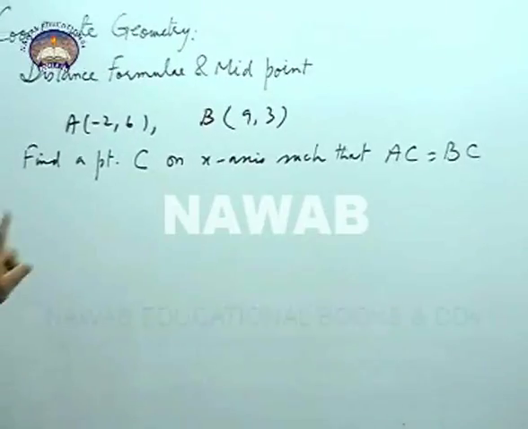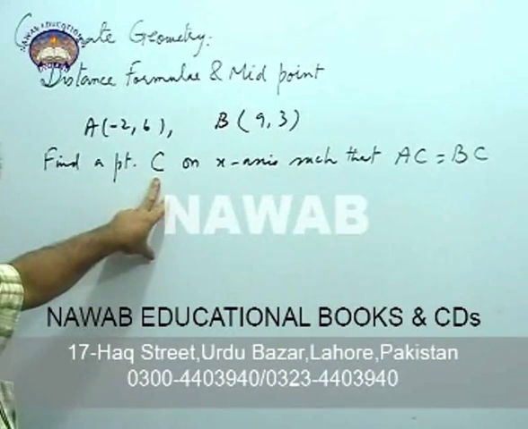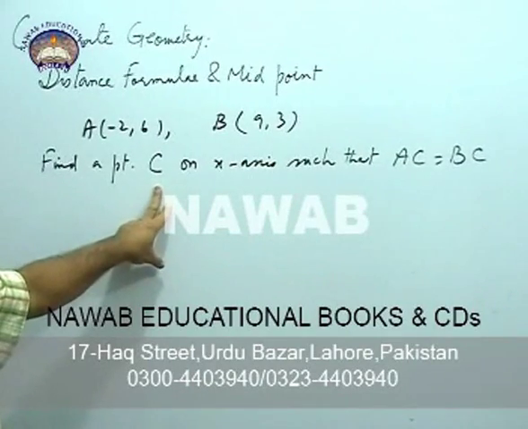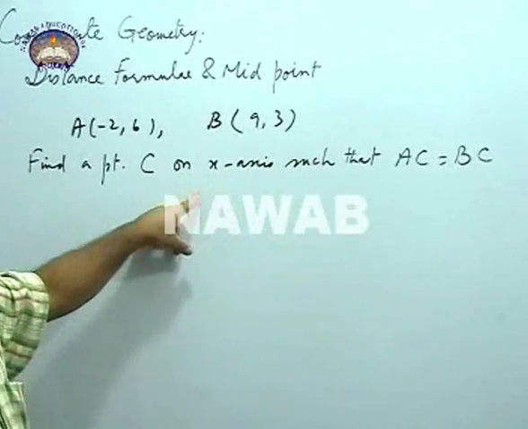First of all, here it is very clear that we have to find a point C which is lying on a particular axis, and here the axis is written x-axis.